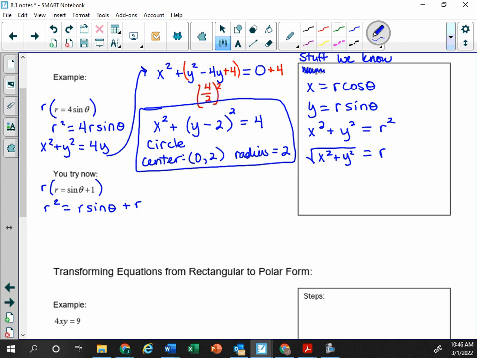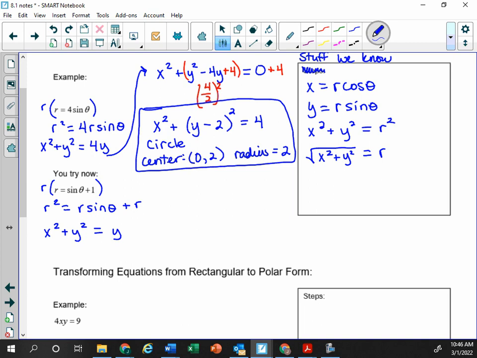We definitely want to multiply by r in this one because the sine of theta, without having the r attached to it, you can't do anything with it. You don't have any sort of substitution. So that's how you know I definitely need to multiply by r. Then I can substitute. So what is r squared equal to? Good. So I've got x squared plus y squared equals, what's r sine theta?